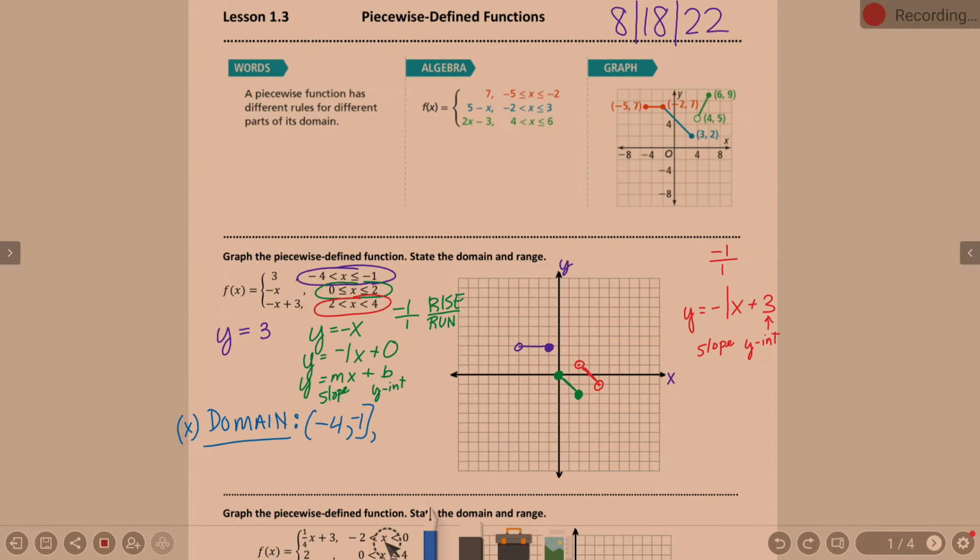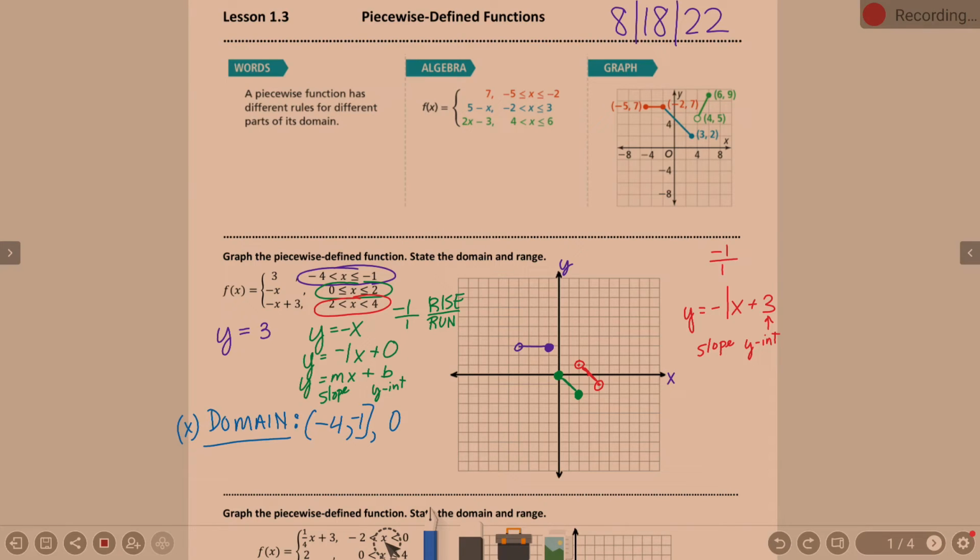So as we move right, where's the next x value our graph exists at? And that is where? That's here at 0. So now we're going to start with 0. Parenthesis or bracket?